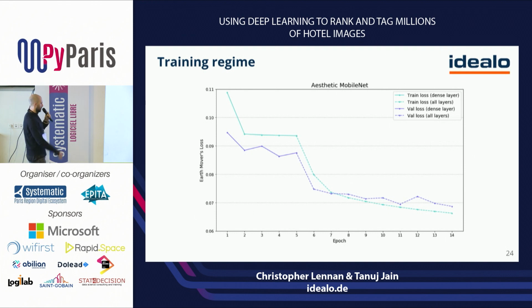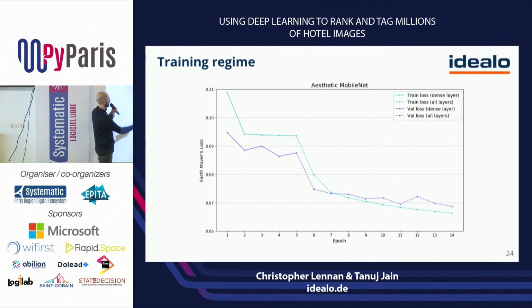So this is just an example train loss that we have, for example, for the aesthetic classifier. On the vertical axis you can see our loss objective. In this case it's Earth mover loss. I'll talk about that in a second. On the horizontal axis you have the number of epochs that we trained, and the solid lines are the training just for the dense layers at the end in the first stage, and the dashed lines are the loss for training when we train all weights, including the convolutional weights.